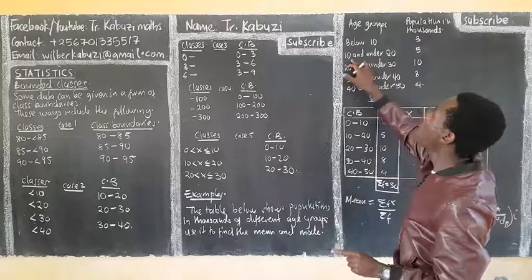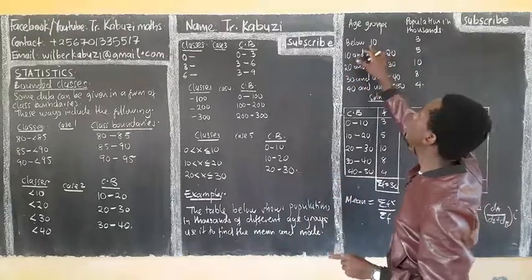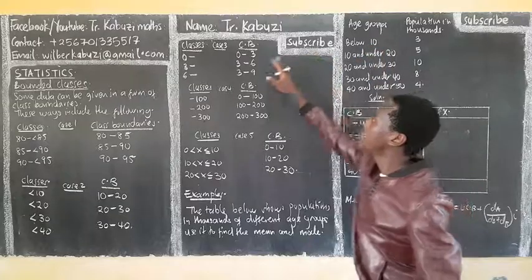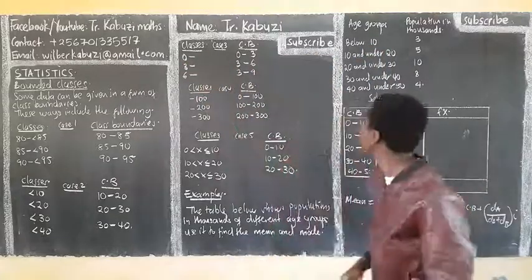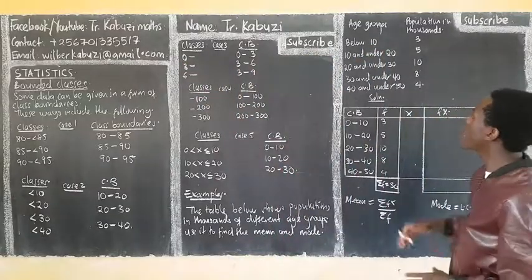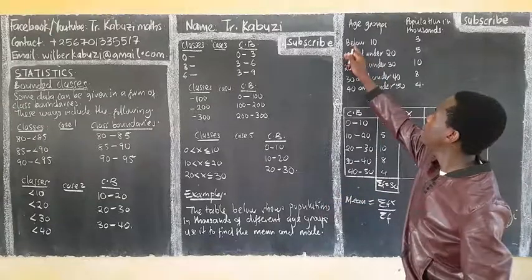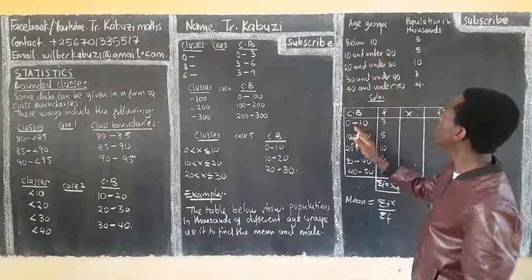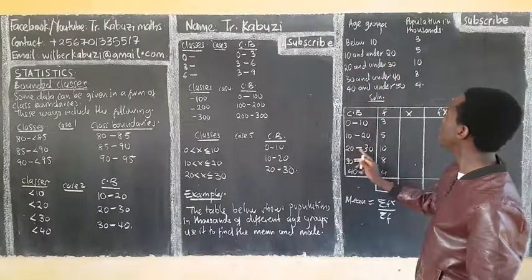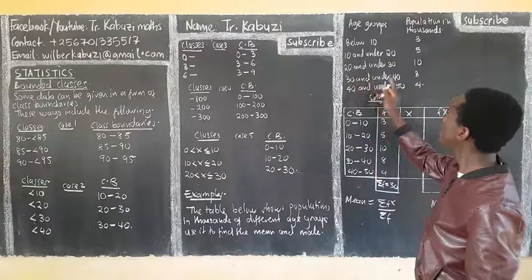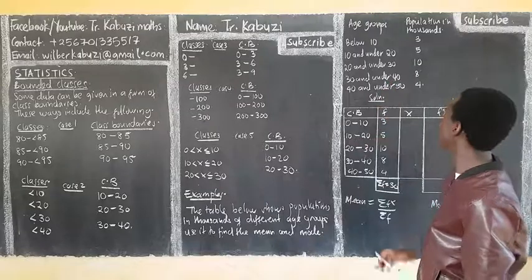Here they are telling you above 10 and 20. So meaning here, if I have below, it means that I will go to 0. Okay. So then here we just straight away pick our class boundaries. So this will be from 0 to 10, then 10 to 20, 20 to 30, 30 to 40, 40 to 50. As simple as that.